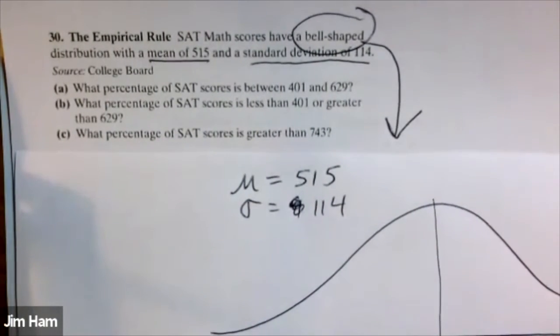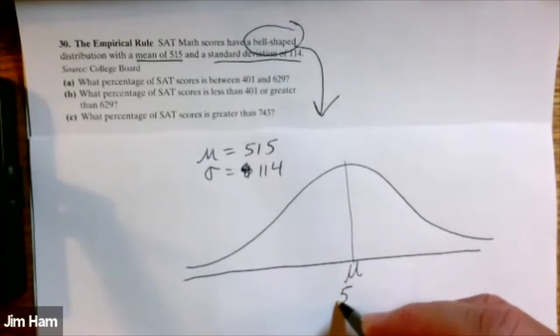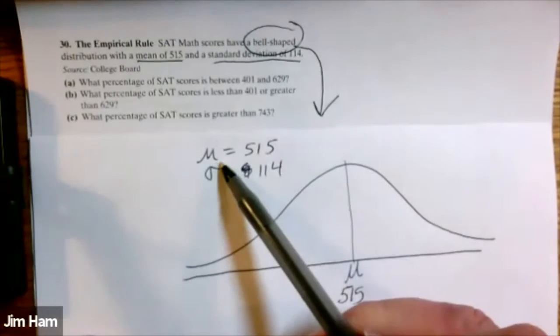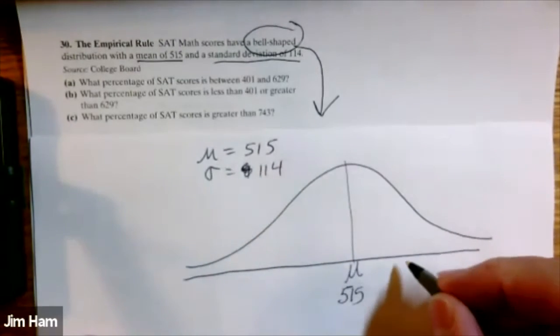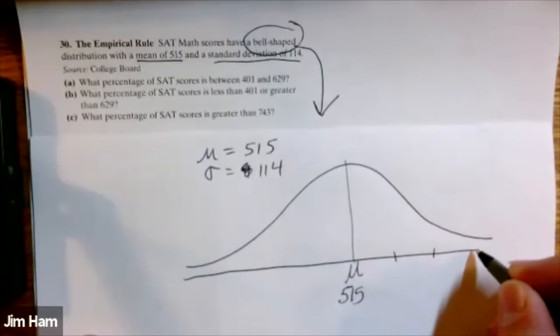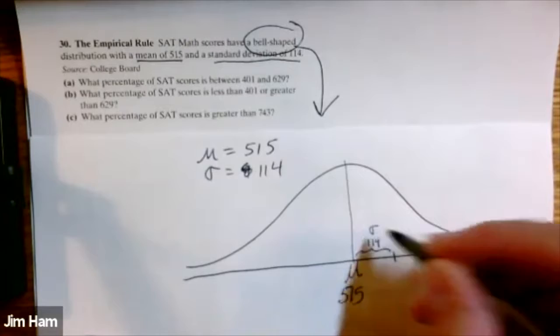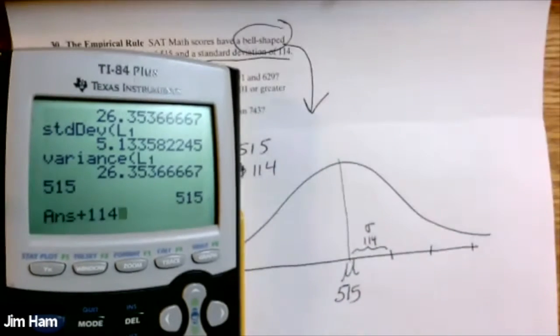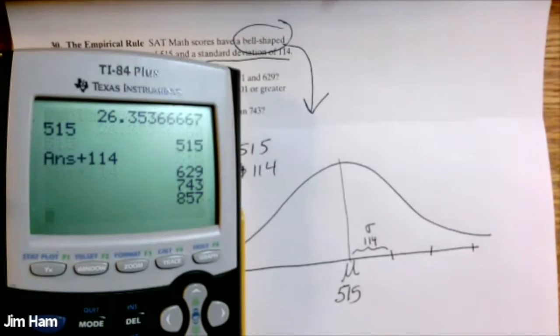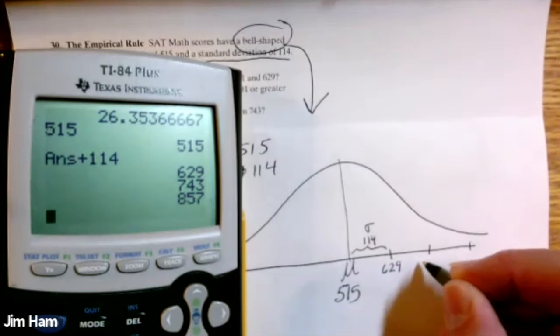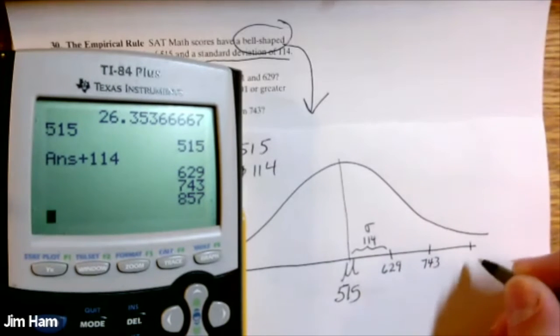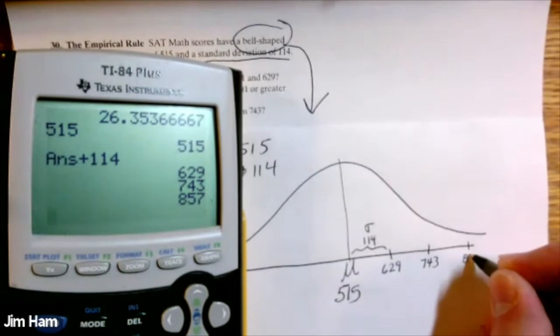Now, because it said there was a bell-shaped curve, we're going to draw that bell-shaped curve with the mean here, right in the middle. So right in the middle is 515. They gave us what the mean was. And then we're going to jump by 114. So our scale marking now is 114. This is our sigma. So I'm going to add 114 once, twice, 3 times. So 629, 743, and 837.